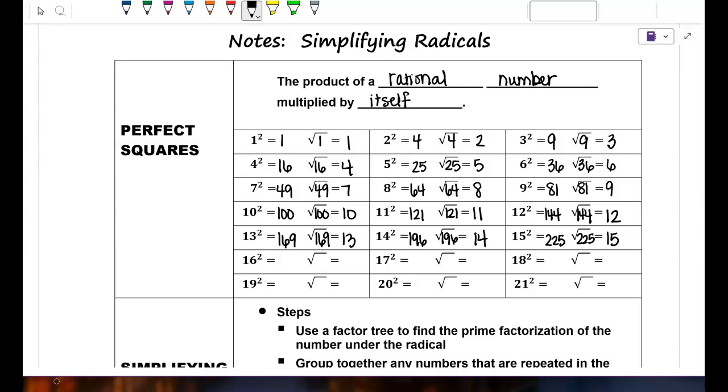Jacob Prado Martinez, 16 squared. And the square root of 256. Julian, 17 squared. And the square root of 289.